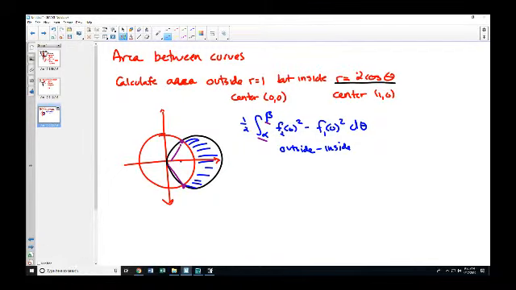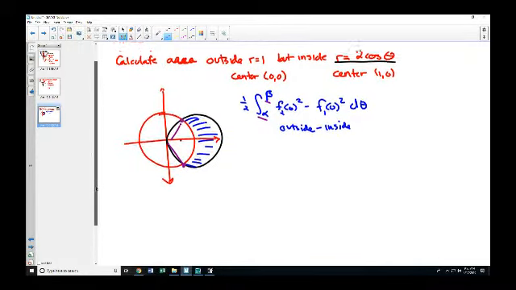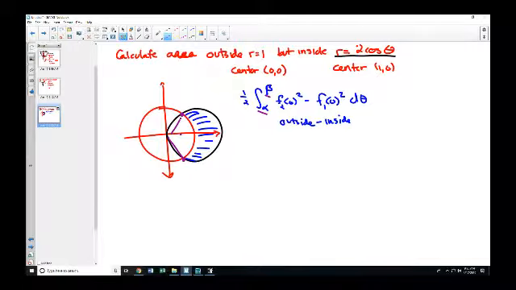Okay, so what are these intersection points? How would you calculate that? Did you set them equal to each other? So r is 1, r is 2 cosine theta, set them equal to each other.